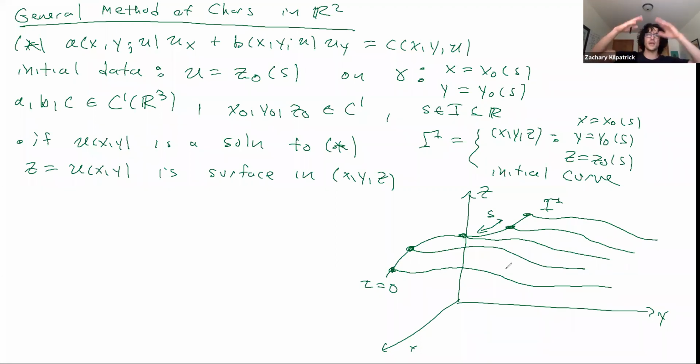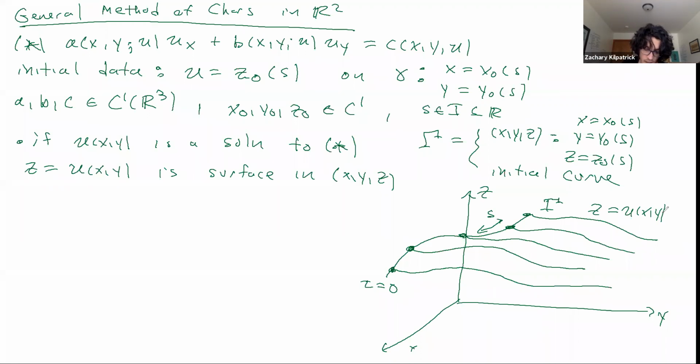Moving along it, it should just warp my initial data, but it's really just going to translate it forwards along this surface. So this creates this surface z, z equals u of x, y. That's how I trace my surface out.